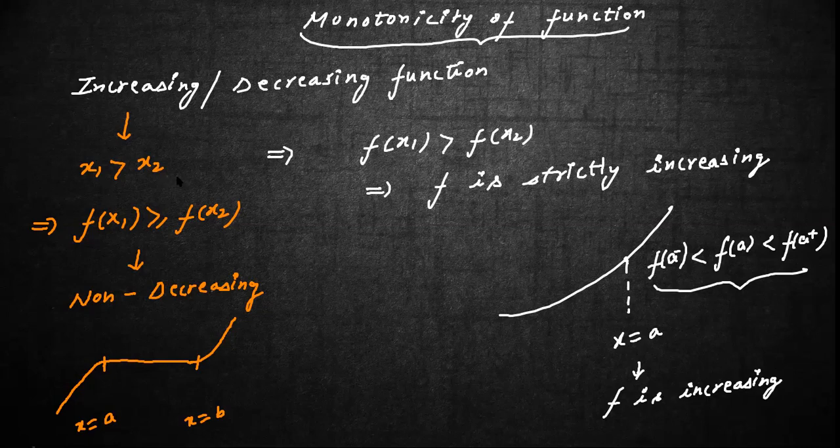So this we are talking about when we have the entire domain. In this case, if x1 is greater than x2 and this happens, f(x) is strictly increasing. And if we have greater than or equal to, then we say that f(x) is non-decreasing. वो decrease नहीं कर रहा है, ठीक, कहीं भी, वो कहीं भी decrease नहीं करेगा. So this kind of function is known as non-decreasing, because in some cases you are asked to find out the interval for which the function is strictly increasing.